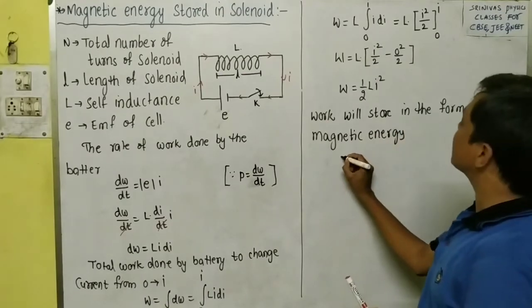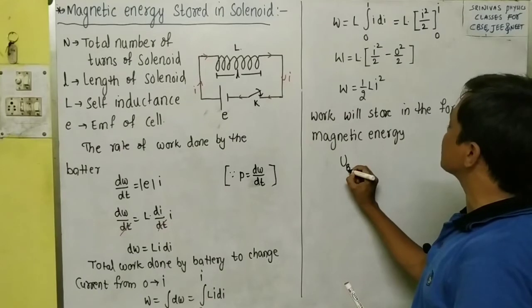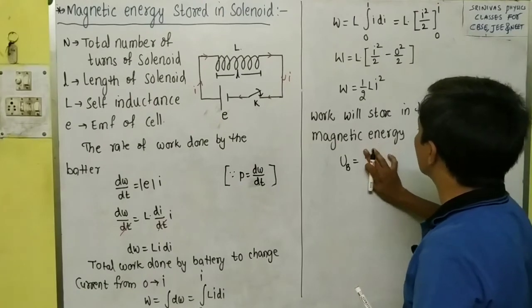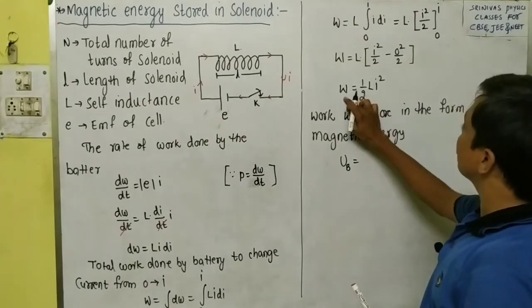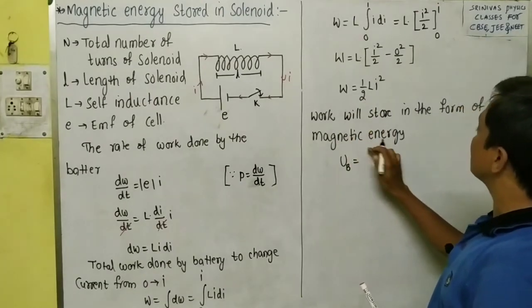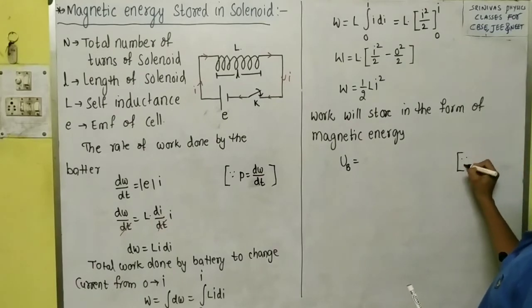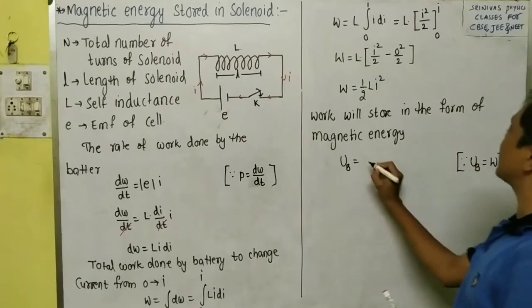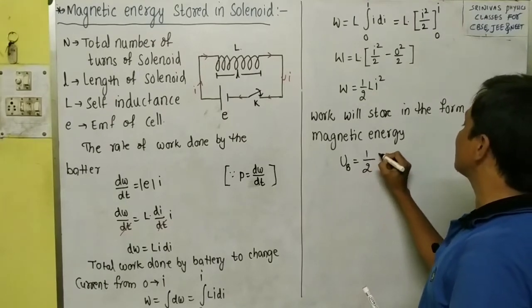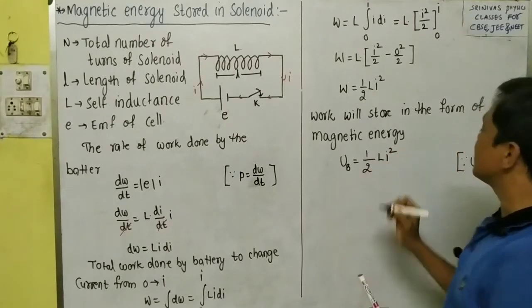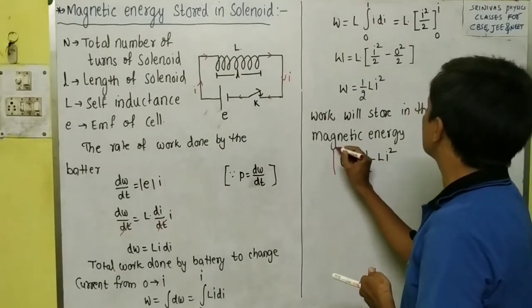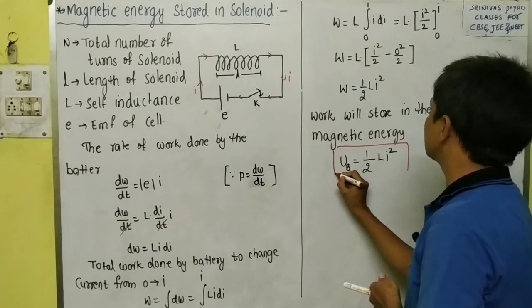That means the magnetic energy we denote with U suffix B is equal to work done, because work is equal to magnetic energy, right? The magnetic energy is equal to work done. Then what is the work done? Half L I square is the work done, right? This is the derivation for the magnetic energy stored in an inductor. Okay, right.